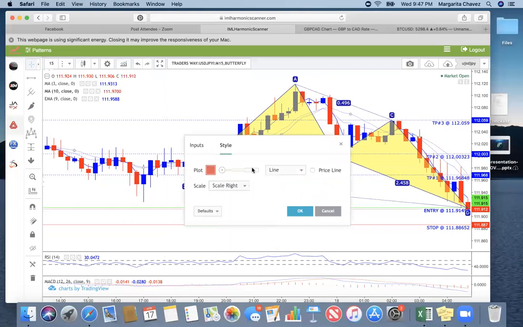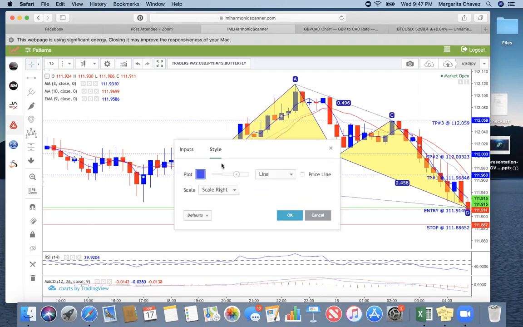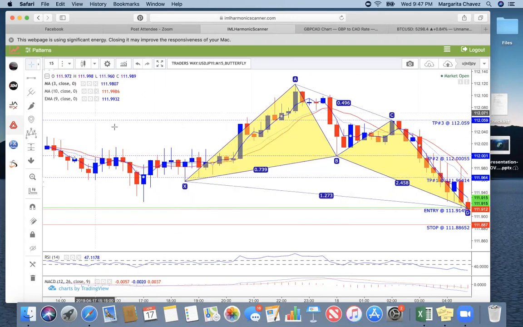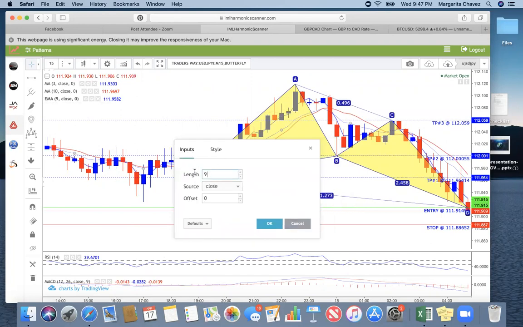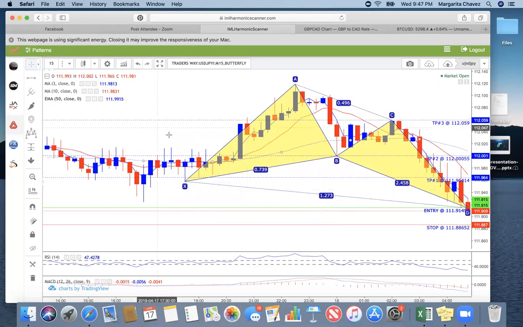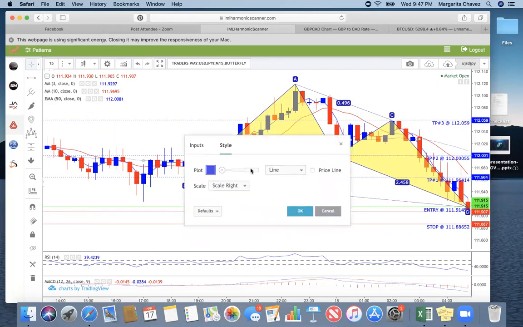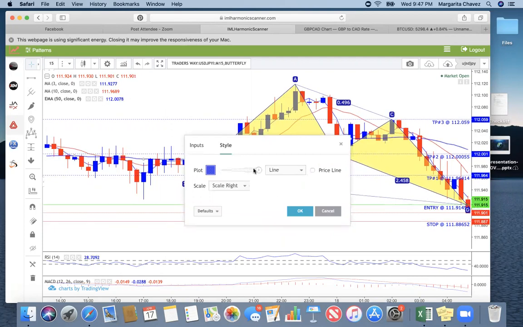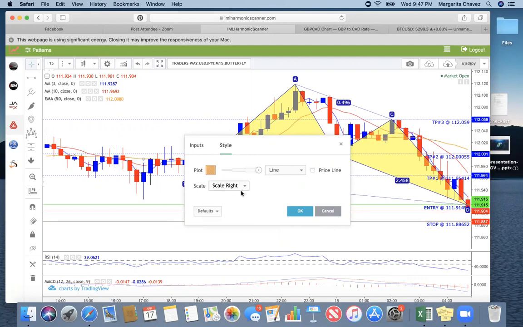The 3 is blue. The other MA is a 50 and it's orange or gold. Make it wide, thick lines. This one has to be really thick so we can see it. This one is orange.